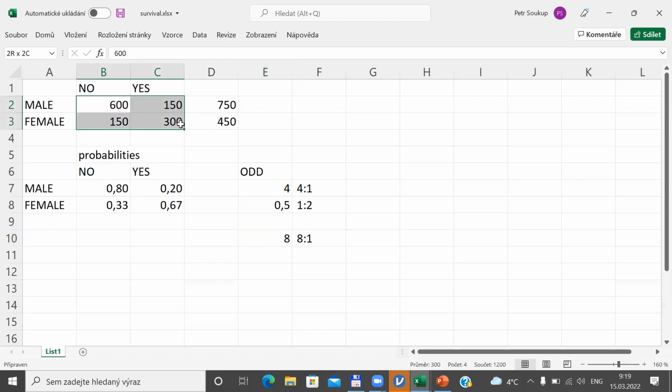originally, there were 4 figures describing the contingency table by counts or by probabilities. Instead of these, we used for easier description only 2 odds. And finally, we used only one value, which is the odds ratio.